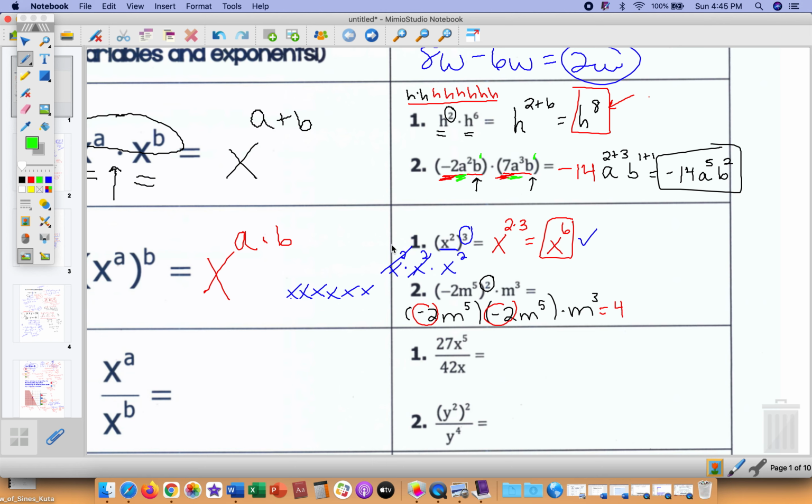Now I'm going to scan for all the m's. So base m, base m, base m. So the product rule, I'll write m one time, and I'm going to add the powers. So 5 plus 5 plus 3. So we'll have 4 times m raised to the 13th power. And that's our final answer.